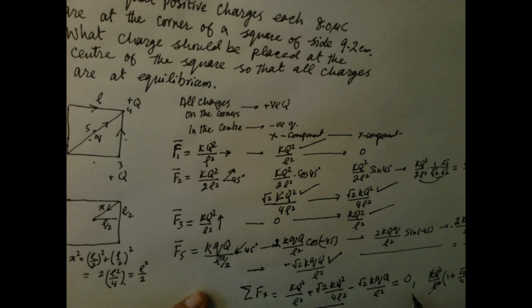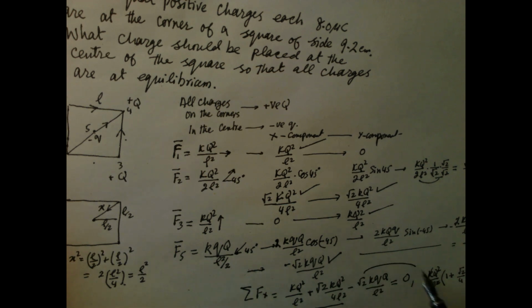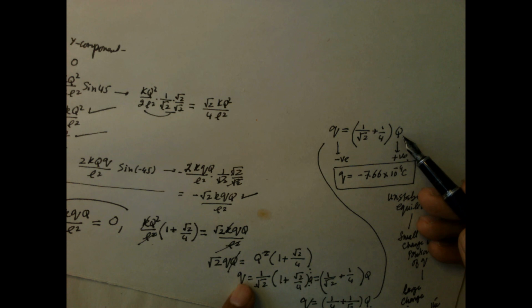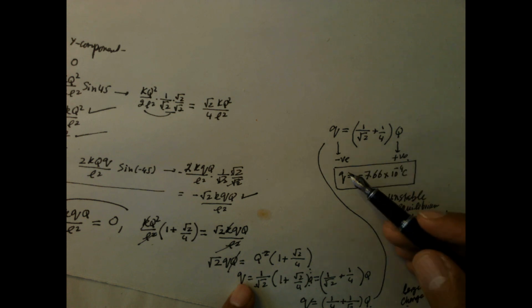Fx is equal to 0; there is no need for Fy because we have to find the value of q. Simplifying will give you the value of q. The corner charge is positive, the other is negative, but it is an unstable equilibrium.